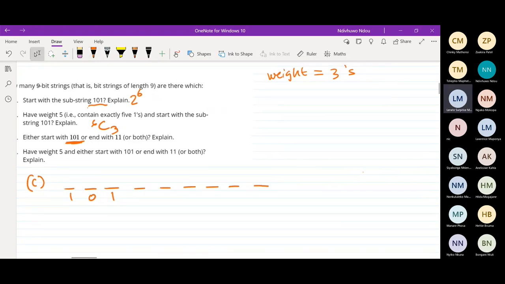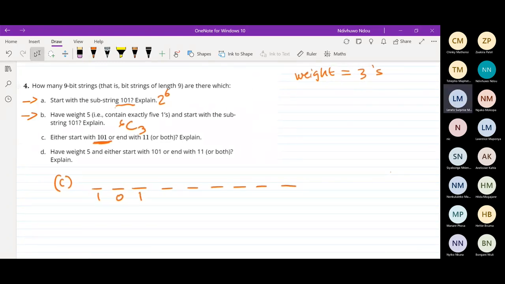Each remaining space is either a 0 or a 1.